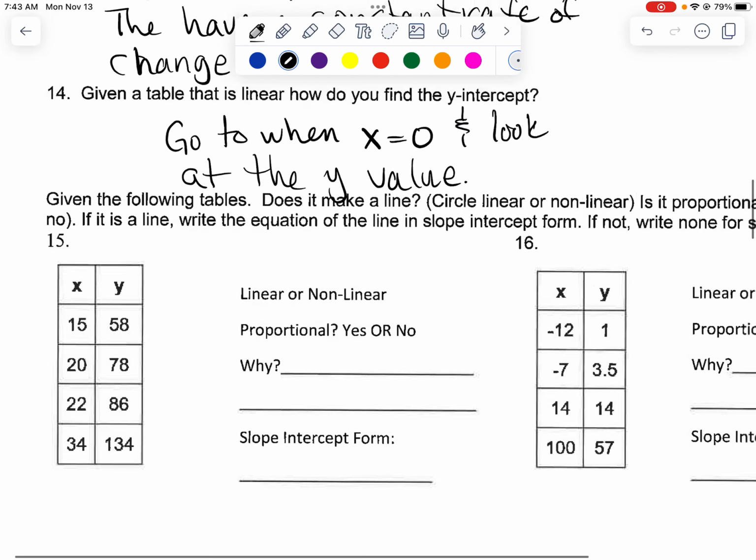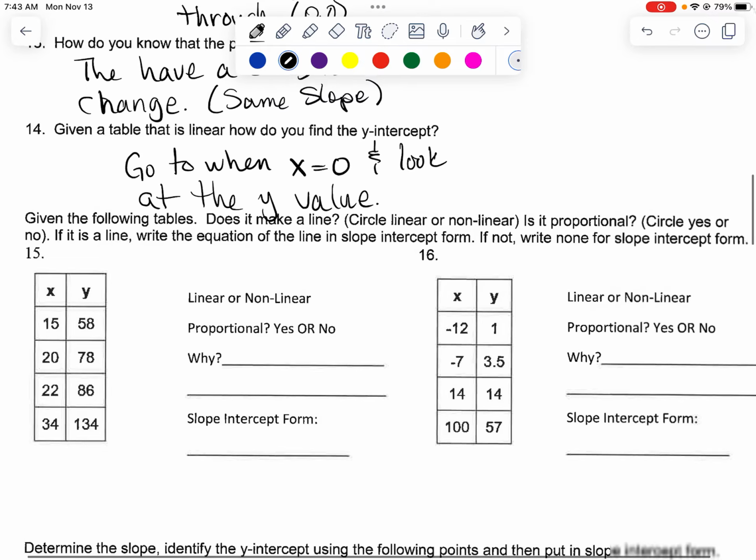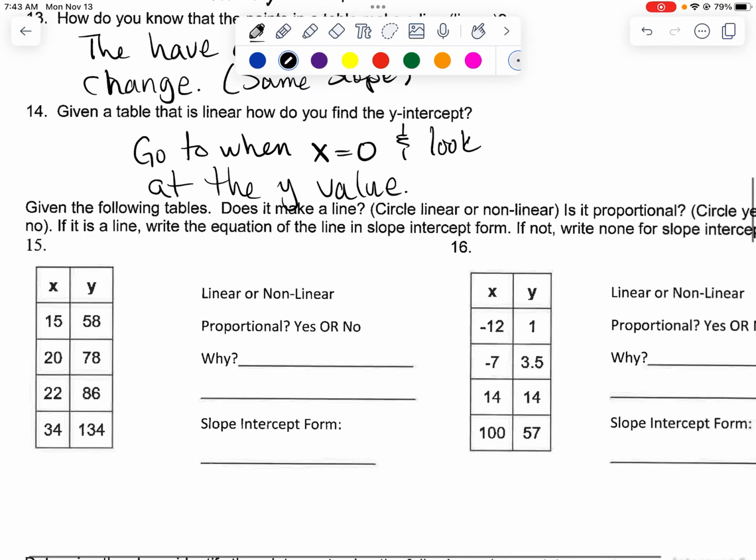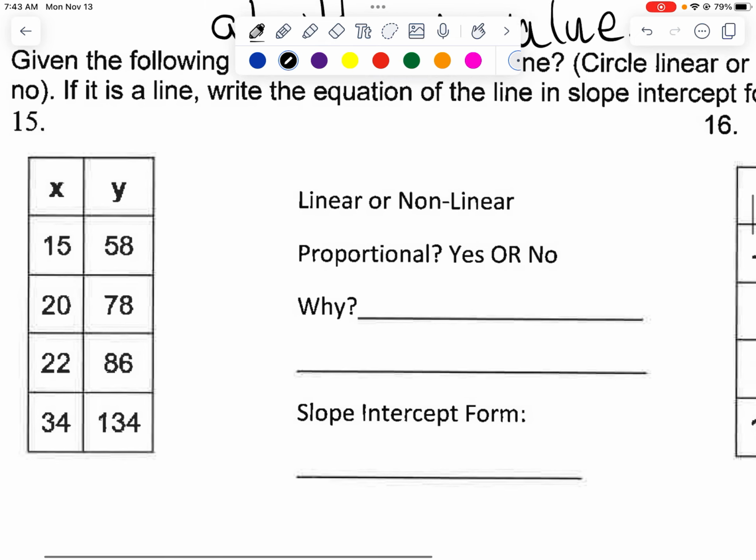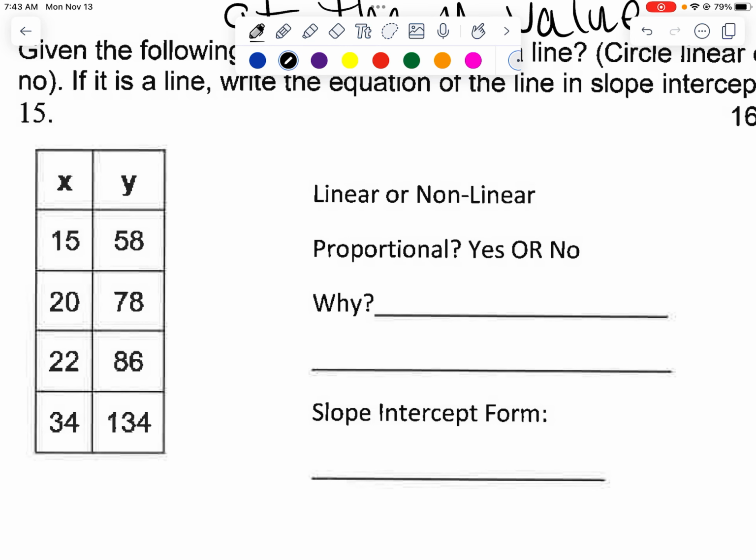Given the tables, does it make a line? Is it proportional? If it is a line, then write the equation of the line. So if I'm looking at this, it goes up by 20. This goes up by 8.